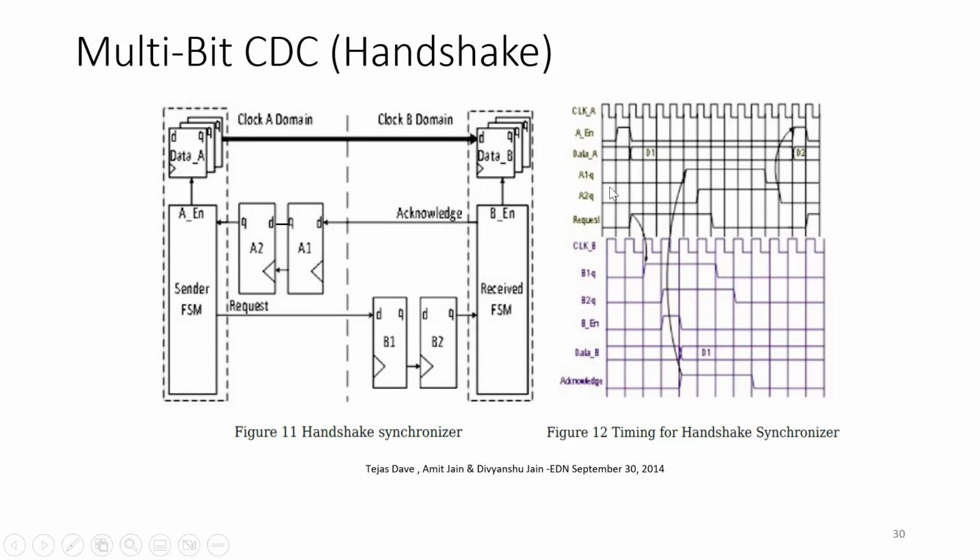Would you please go with me through this timing chart to see if it represents whatever we have been saying? First of all, I have A enabled. Can you see it? Yes. And it is working at A clock.